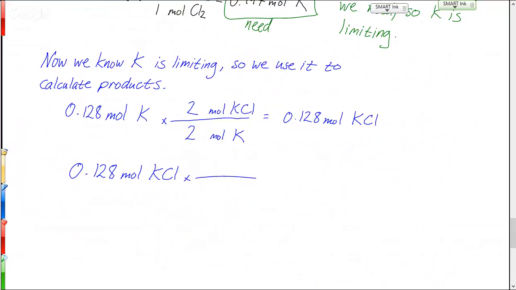And then if we want to convert that to grams, 39.1 plus 35.5, right? 39.1, yeah, plus 35.5 is 74.6, I think.